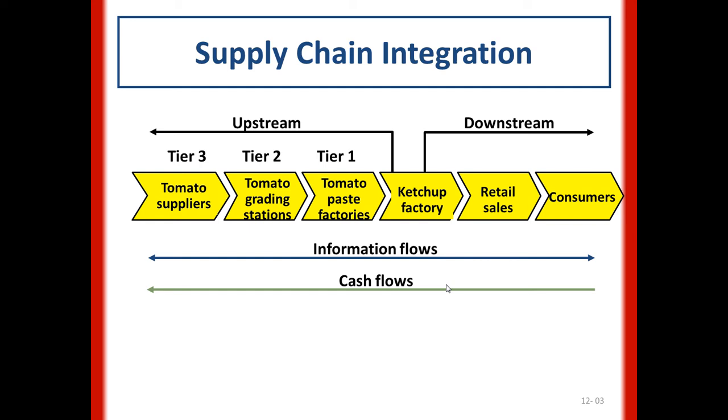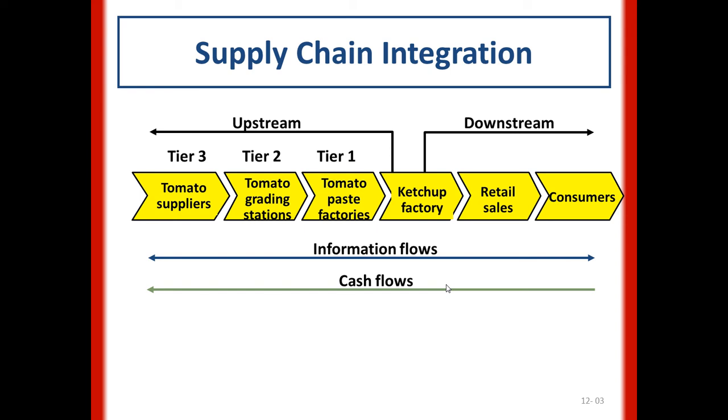Supply chain integration can be viewed by using a simple example. In this example, a ketchup factory is called a central firm. A ketchup factory uses material and resources from multiple suppliers. Suppliers can be divided into many tiers.